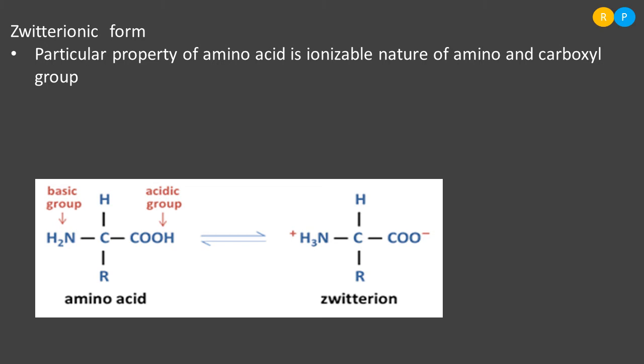Understood? Because of the protonated amino group, we can see both charges in a single amino acid: a positive charge on the amino group and a negative charge on the carboxyl group. When a single amino acid consists of both positive and negative charge, such an amino acid form is called the Zwitter ionic form.